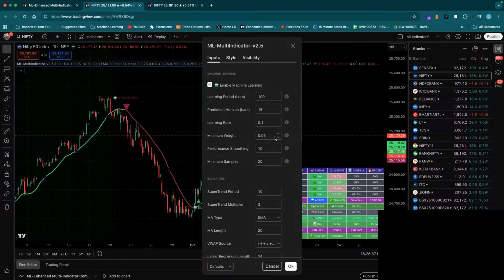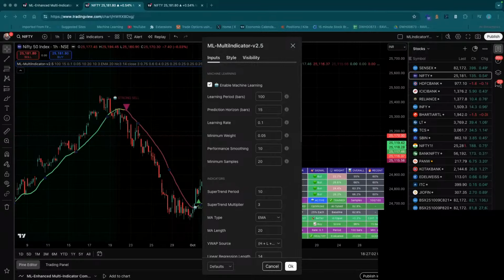Now coming back to weights, each indicator here has some weight, which is 25%. Right now, the minimum weight is 0.05. What this means is, even if an indicator performs very badly, it will still get some weightage, which is a minimum of 0.05, about 5% weightage. Right now each indicator has 25% weightage.